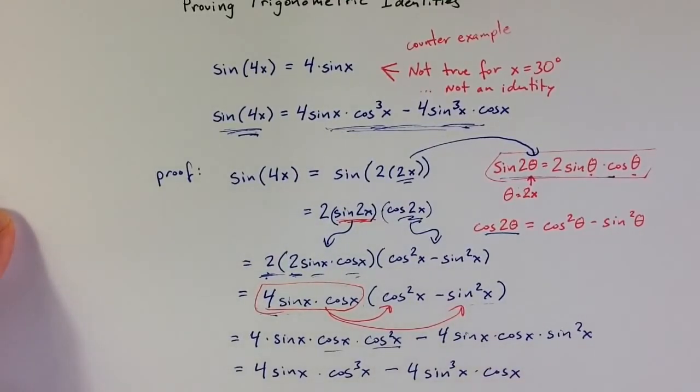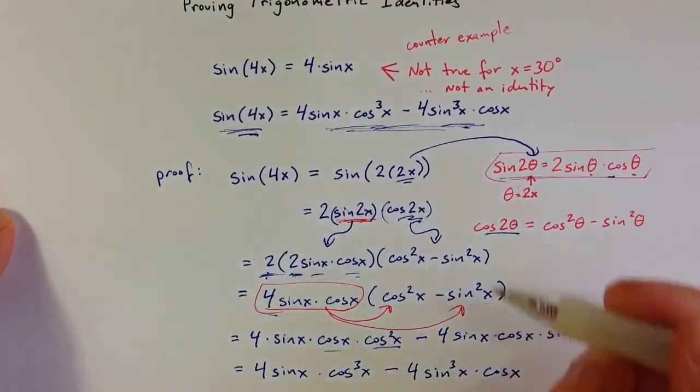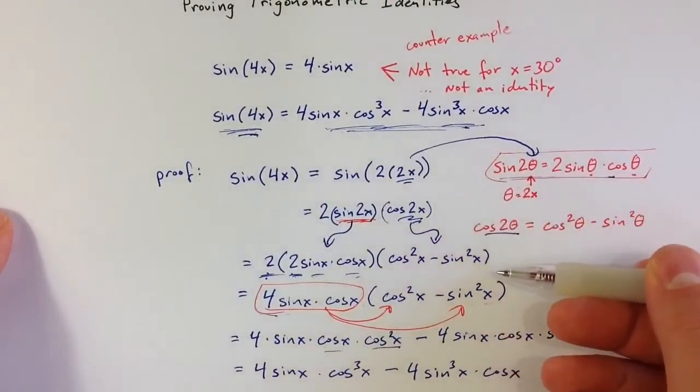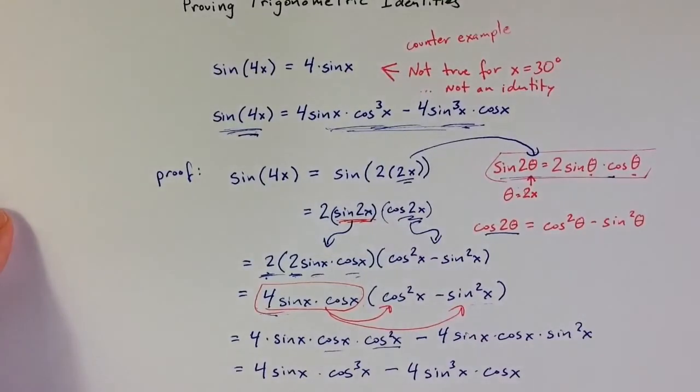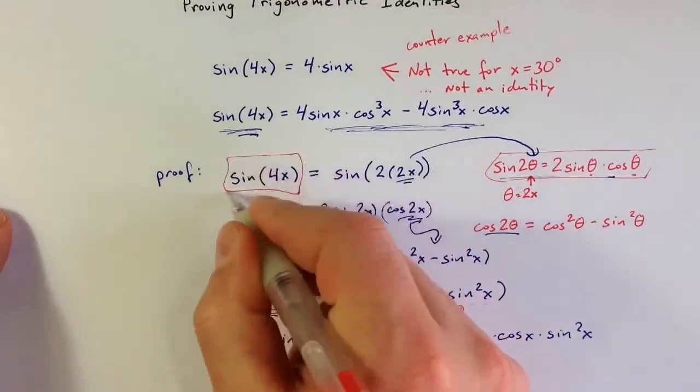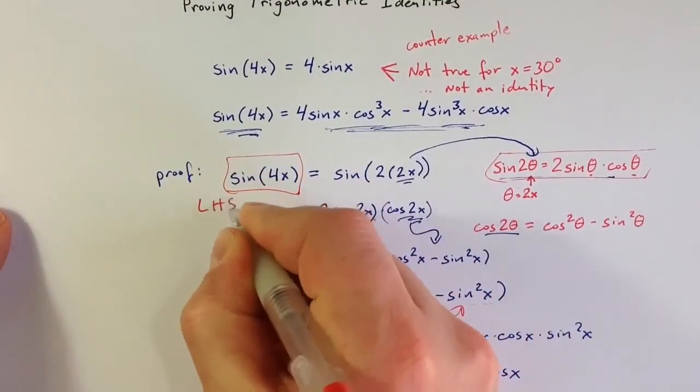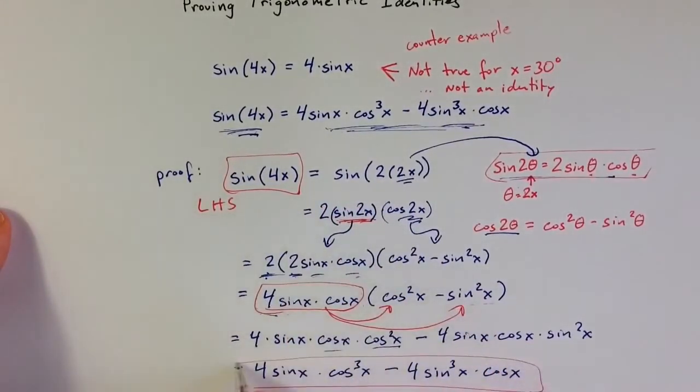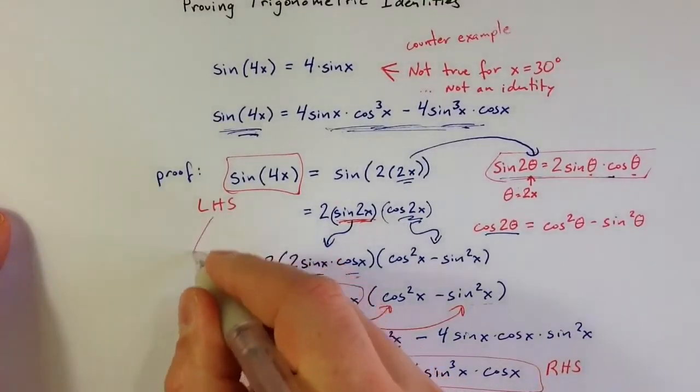And so we've proven the identity because step by step, using correct algebraic manipulations, we turned the left-hand side into the right-hand side. That's one of the methods that we can use to prove an identity.